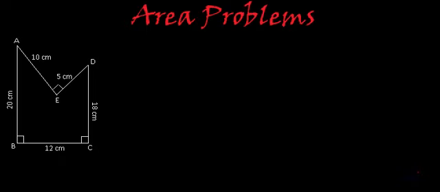Hi, so here we have a problem in which we have to find the area of this given figure. So what this figure actually is. If we count the number of vertices, there are 1, 2, 3, 4 and 5 vertices, and there are 1, 2, 3, 4 and 5 sides.